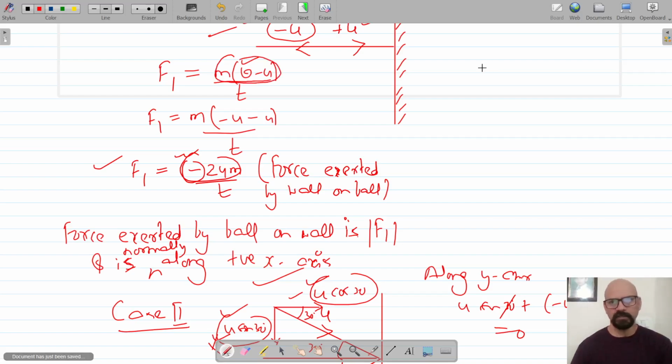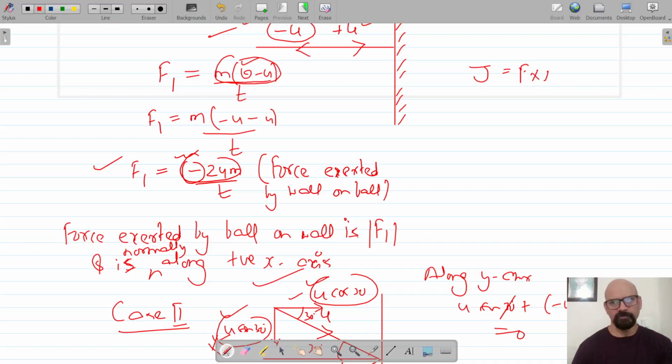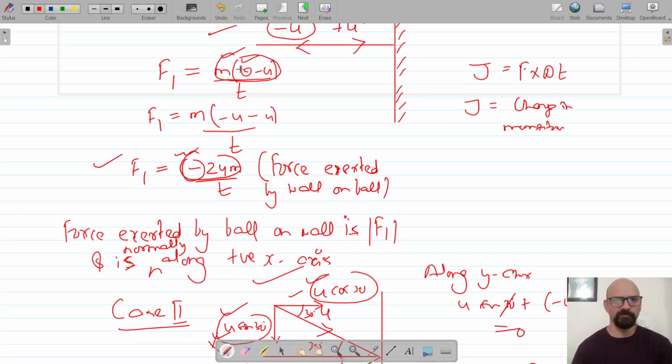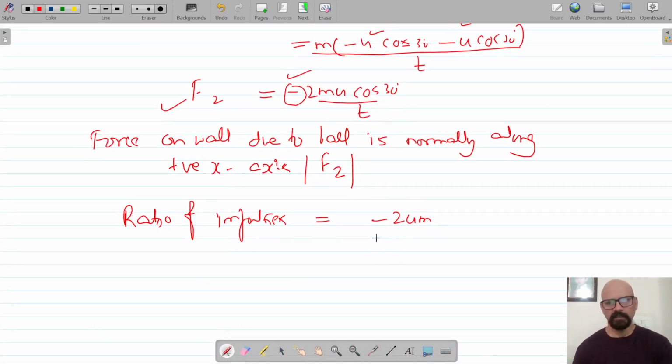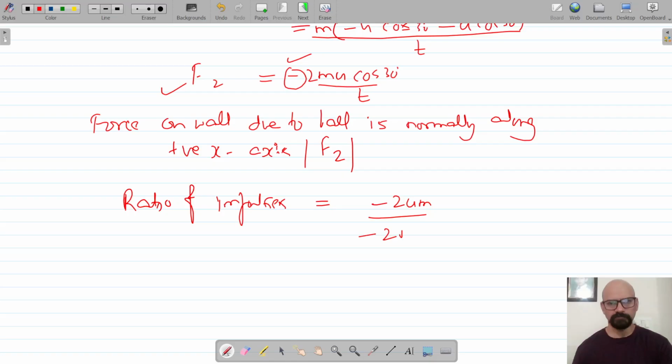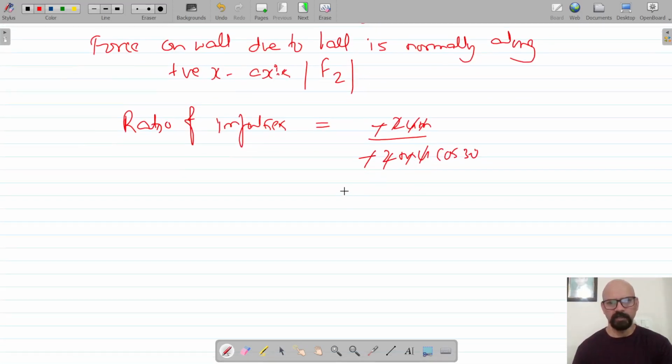And we know that impulse is either given by force into small time interval or impulse is equal to change in momentum. So we already have the change in momentum in both the cases. This is the change in momentum in the first case, which was minus 2 m u, and in the second case, it was minus 2 m u cos 30 degrees. So the 2 gets cancelled, u gets cancelled, and now we are left with 1 upon cos 30 degrees.